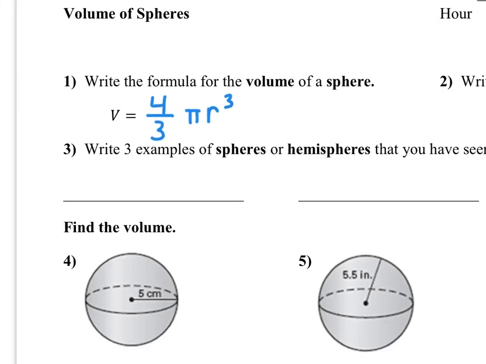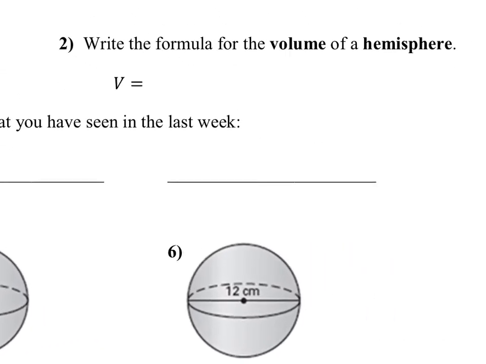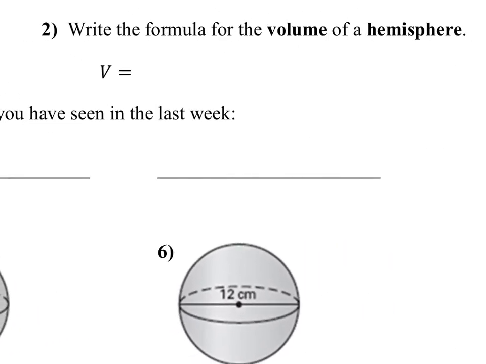Now, volume of a hemisphere. A hemisphere is half a sphere. So the volume of a hemisphere is half of the volume of a sphere. So you can do the volume of a sphere, 4/3 times pi r cubed, and then divide it by 2.